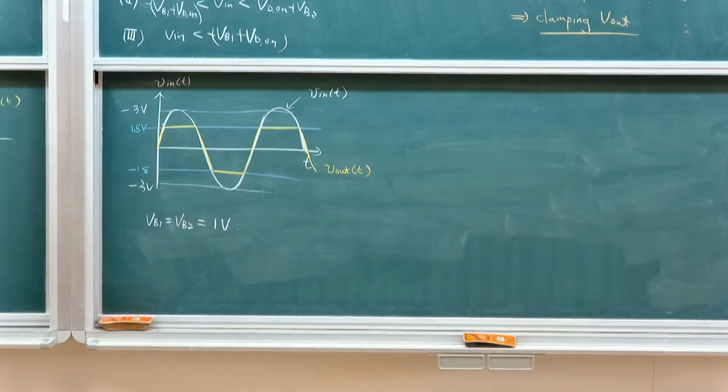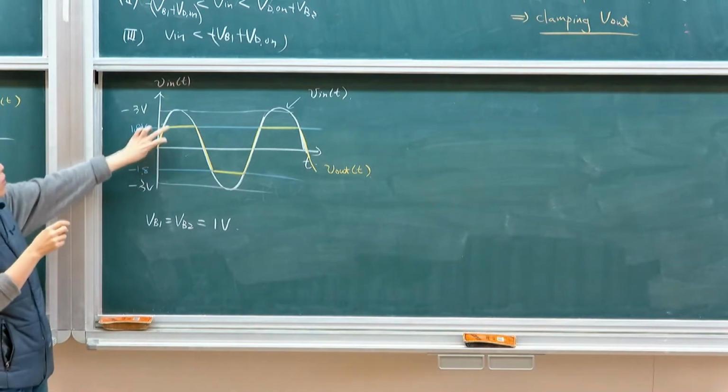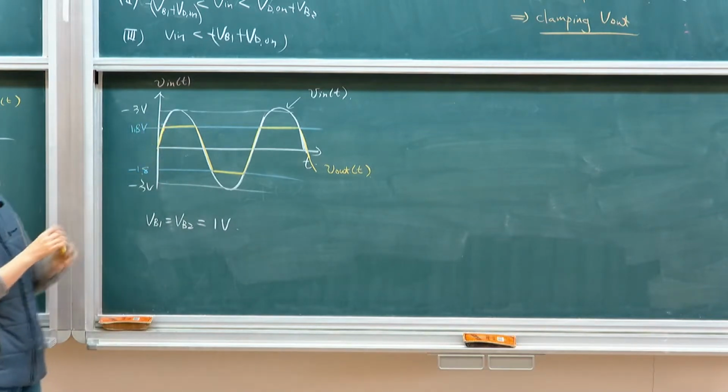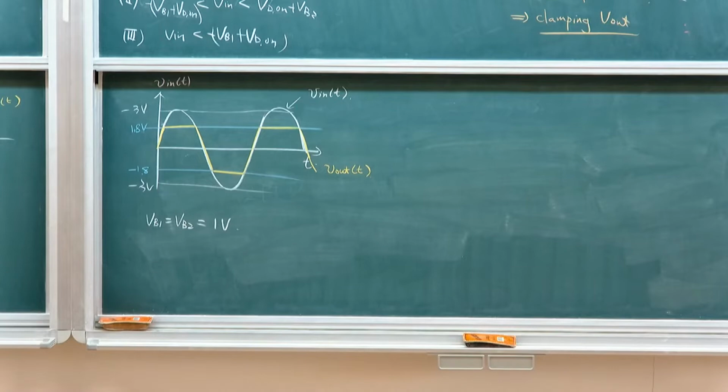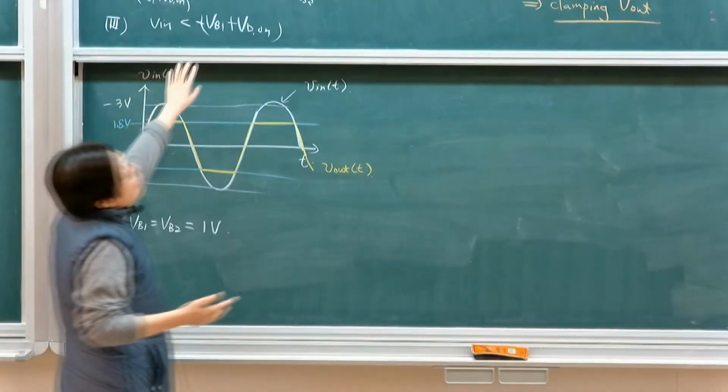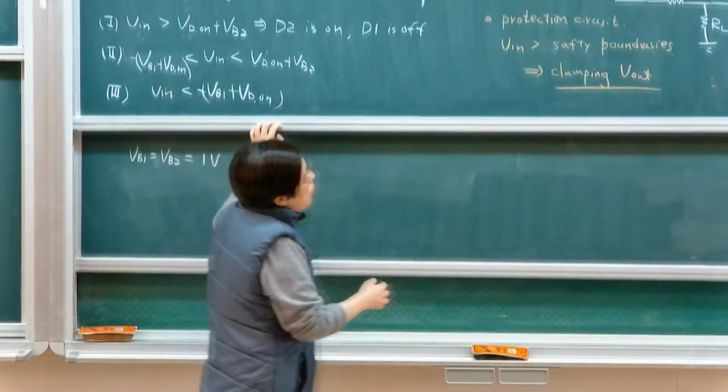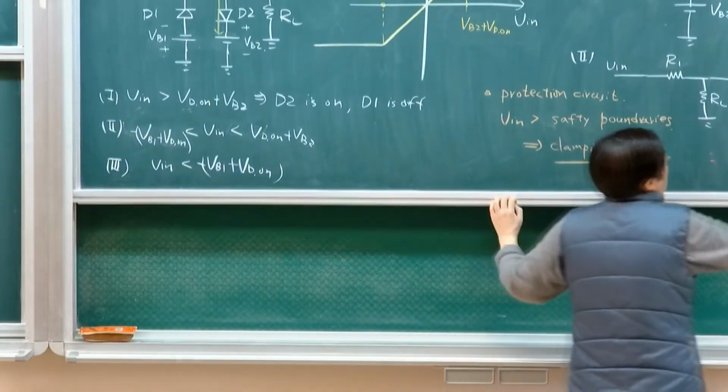So it will be similar to this type of response. If there's attenuation, the slope will change. I'm just assuming that there's no attenuation. I'm setting R2 to be much, much larger, then it would just follow. Oh, I know this should be R load.